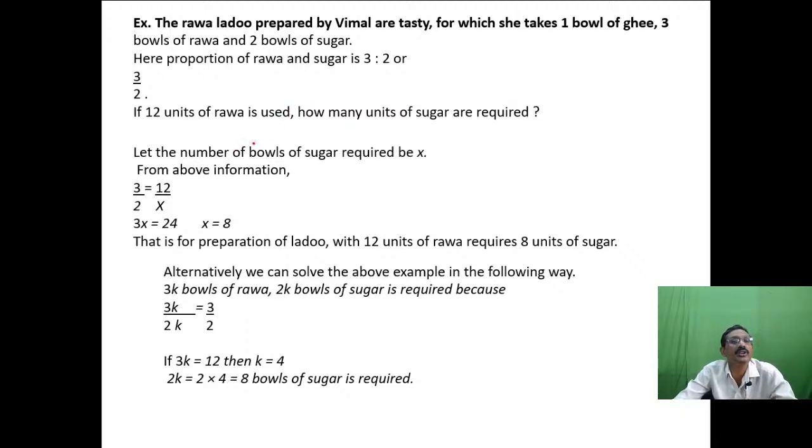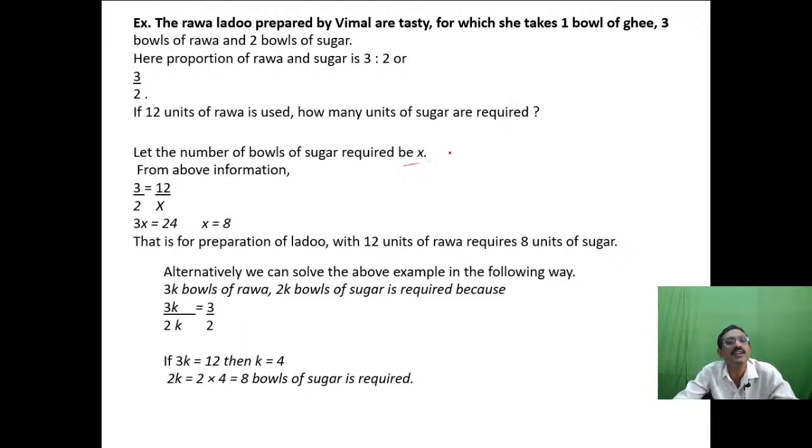If 12 units of rava are to be used, then how many units of sugar are required? To find this, let us suppose that the number of bowls of sugar required be x.